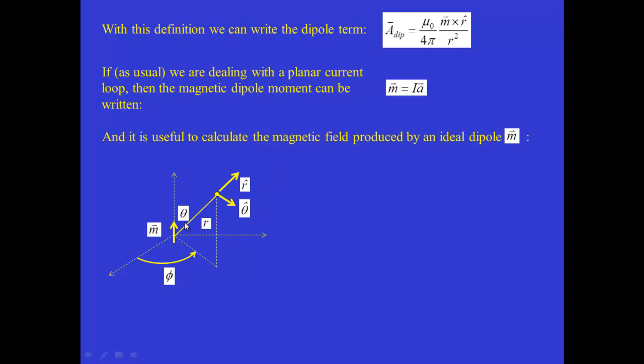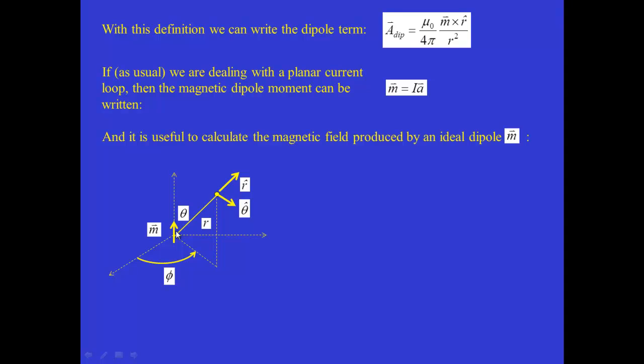And we represent this in our diagram by a little arrow that represents the magnetic dipole moment. And you probably will notice that you've seen a picture much like this before when we were talking about the electric dipole and the potential and the field that it produces.